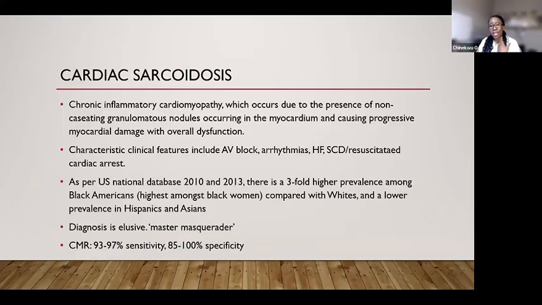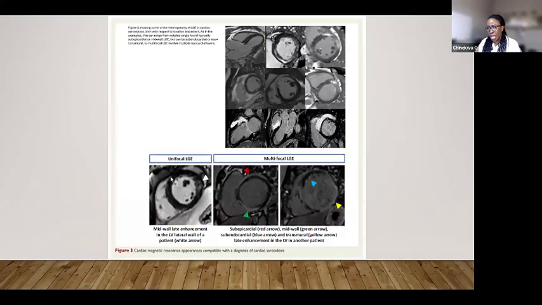Now, cardiac MRI, fortunately, has excellent sensitivity and specificity for the detection of cardiac sarcoidosis. Basically, our workhorse for detecting sarcoidosis is that we're looking out for late gadolinium enhancement in a non-coronary fashion, so it doesn't go along a coronary territory. You could have just focal enhancement in the septum.